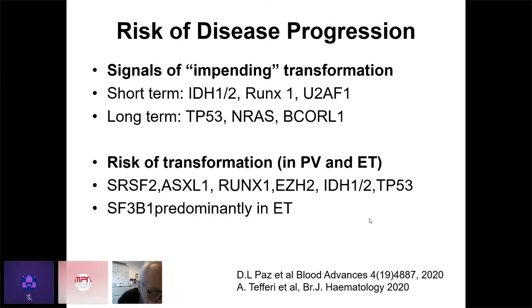Now, based also on what we have heard already today in regards to risk factors in the evolution of the disease from very early on or later with sequential assessment, like the IDH1 or 2 mutation, RUNX1, U2AF1, a spliceosome factor, and in the long-term impact mutations in TP53, NRAS, or BCOR.